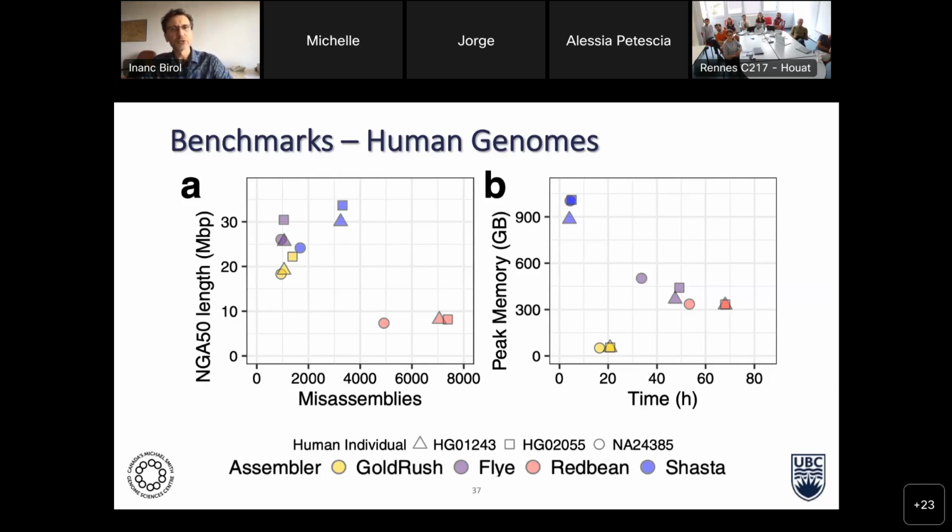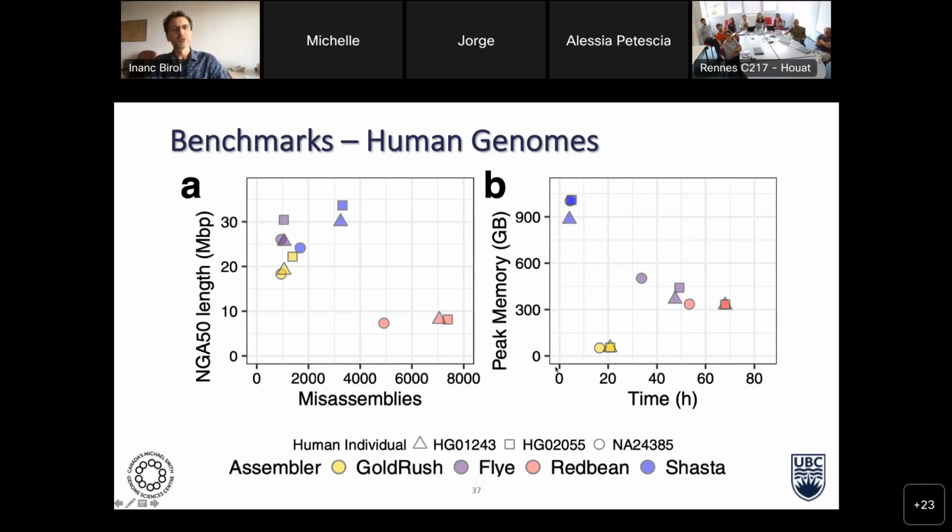We can see that for the human genomes, the performance on those three genomes for all four algorithms, they are more or less the same, although there may be some variability from algorithm to algorithm. And on this plot, the contiguity versus number of misassemblies, you would want to be on the top left corner, right? And for the resource usage, peak memory versus time, you would want to be at the bottom left corner.